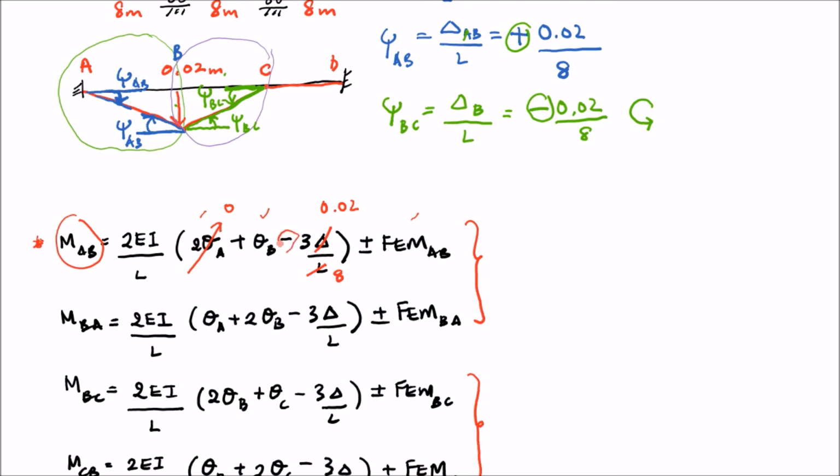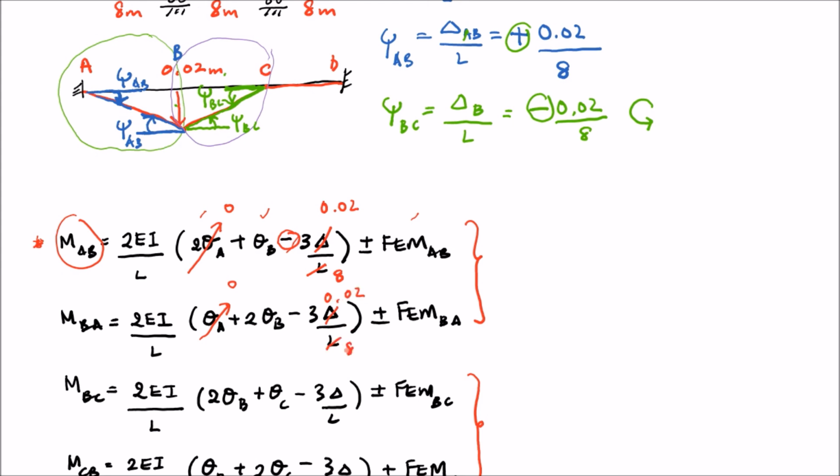Retain whatever sign you have here. If it's negative and your rotation is positive, it's minus. You get the same value for BA. The only difference is the slope is 0, but this one is 0.02 over 8.